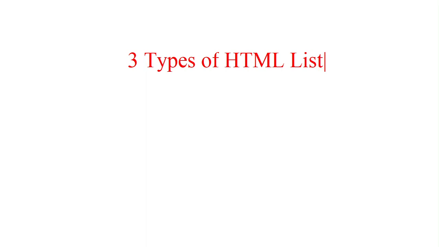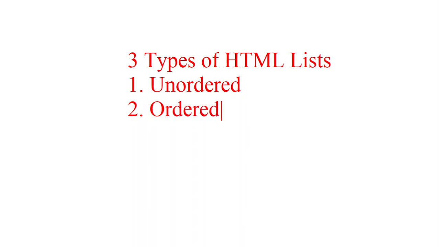We have different types of lists that HTML provides. There are three types of HTML lists. Number one, we have unordered. Number two, we have ordered.